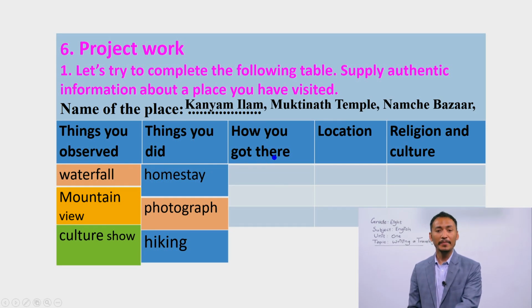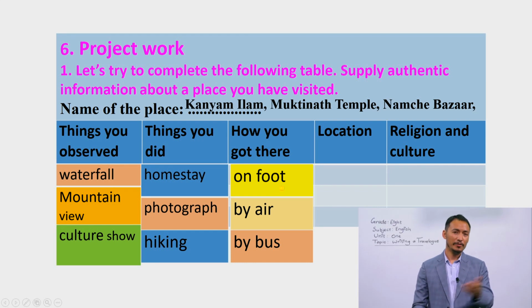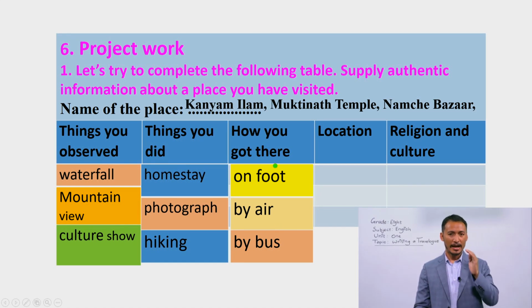This means how you reached there, or how you got access to that place. You can use different means of transportation, or it can be on foot, or by air, or by bus. All right, students, are you getting me?